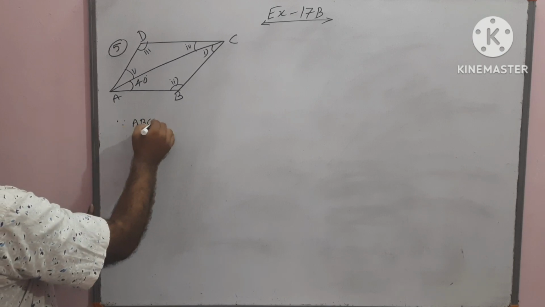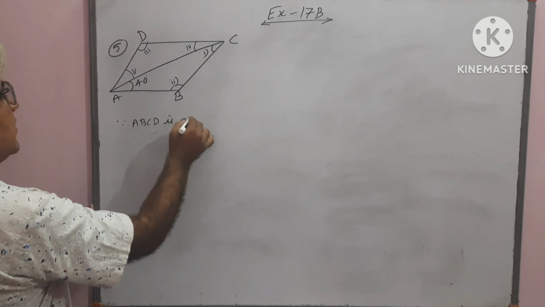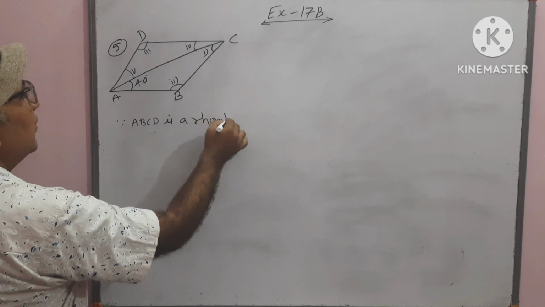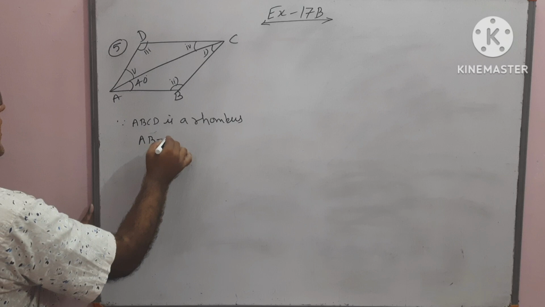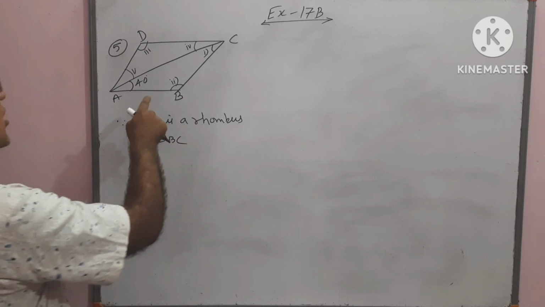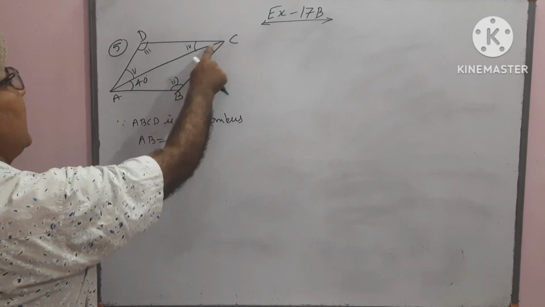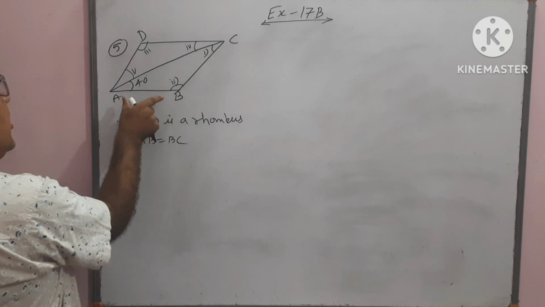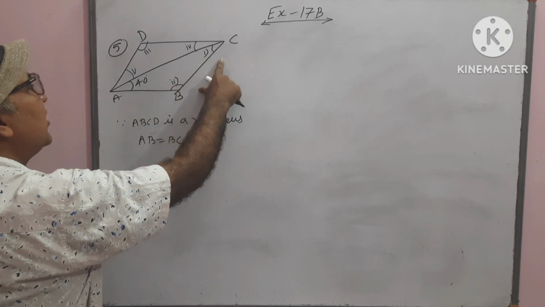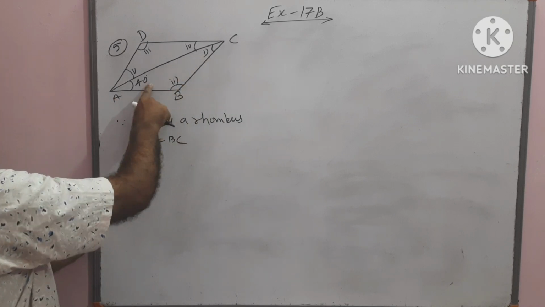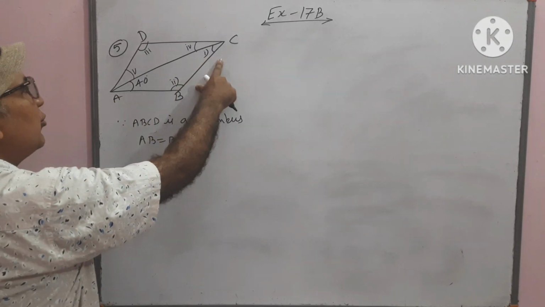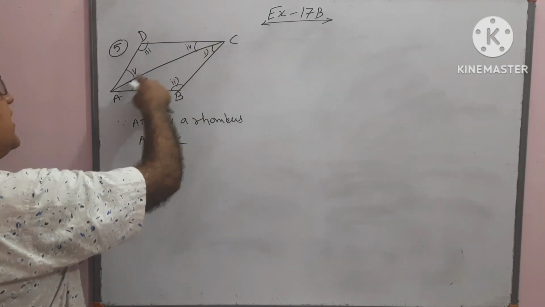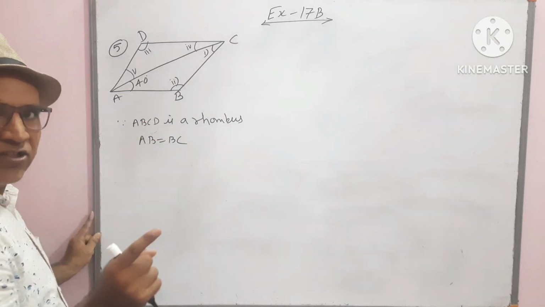Because ABCD is a rhombus, AB is equal to BC. Watch carefully. In triangle ABC, if AB and BC are equal, then angle C and angle A will also be equal, because ABC becomes an isosceles triangle.